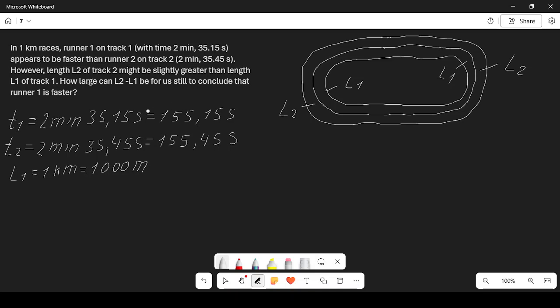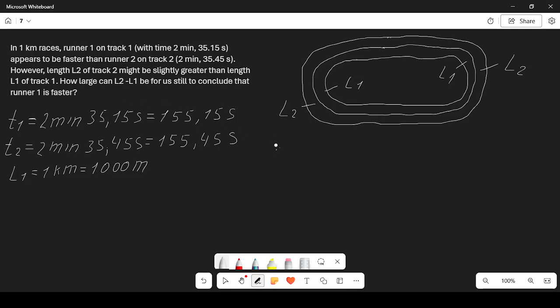When we say who is faster, what do we compare? We compare speed. If runner 1 is faster, it means runner 1 has a bigger speed.